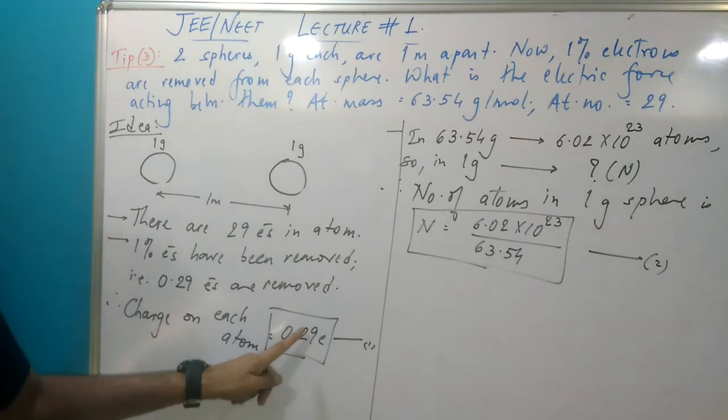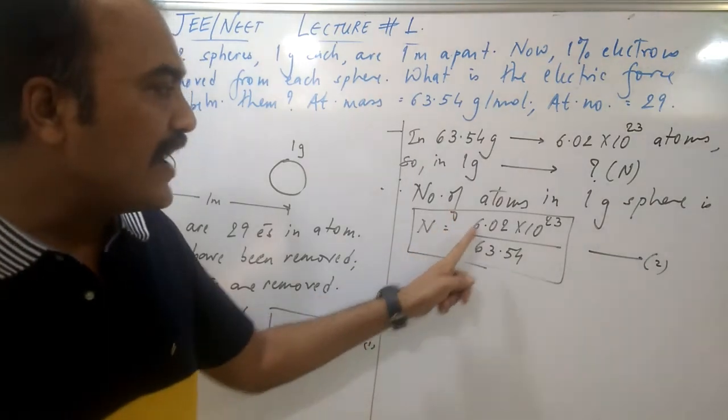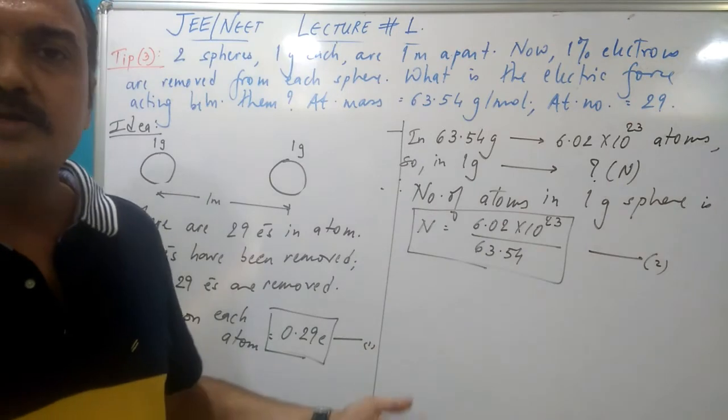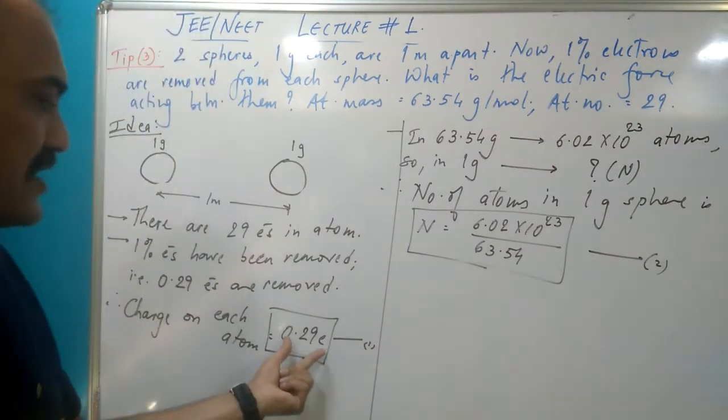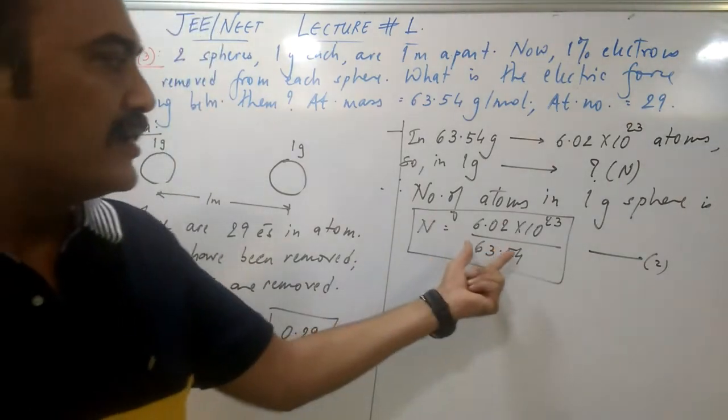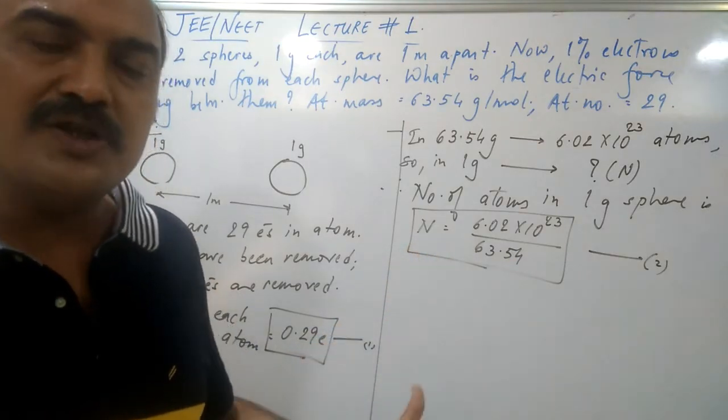Charge on each atom is 0.29 e and the number of atoms is this much. So if one atom carries X charge, then N number of atoms will carry how much charge?